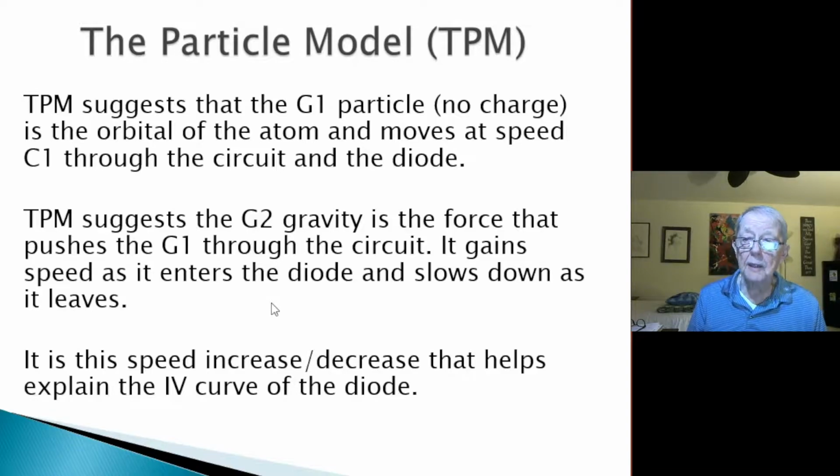And by the way, it does the same thing for the resistor, the inductor, the capacitor, and even the copper wire that it goes through. As it enters, it speeds up. As it leaves, it slows down. It is this speed increase and decrease that helps explain the IV curve of the diode.